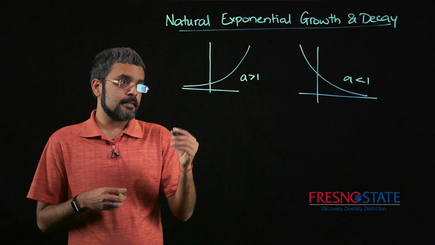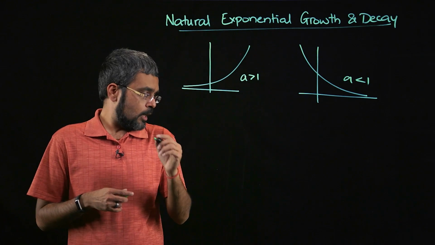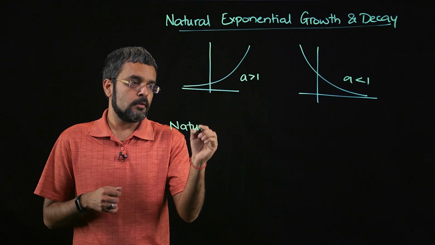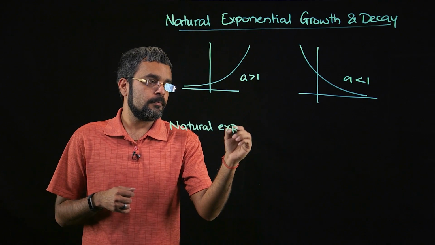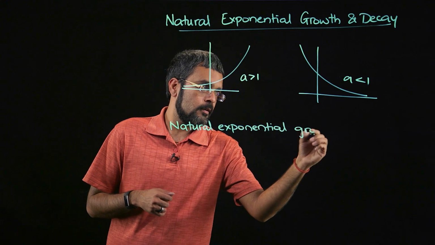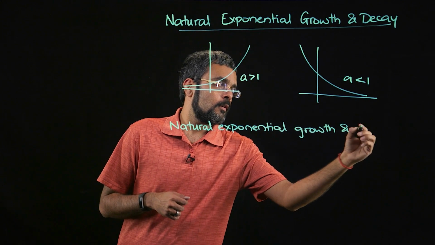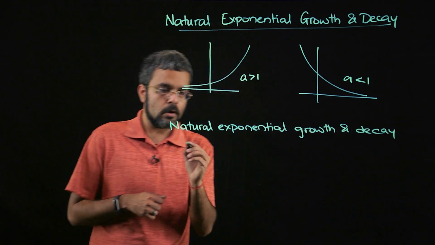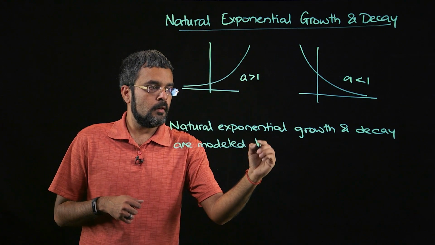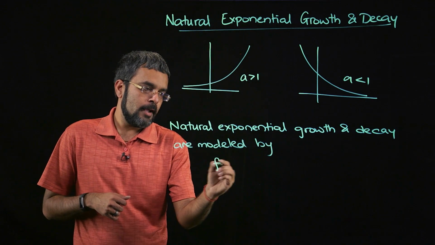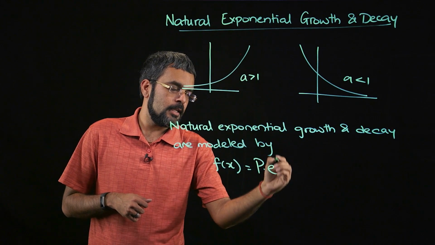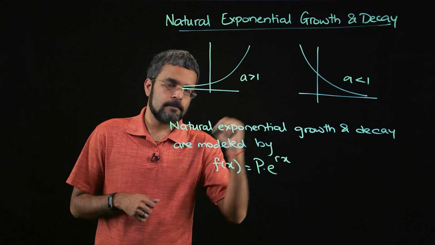So we say that natural exponential growth and decay are modeled by the formula f(x) = p e^(rx).